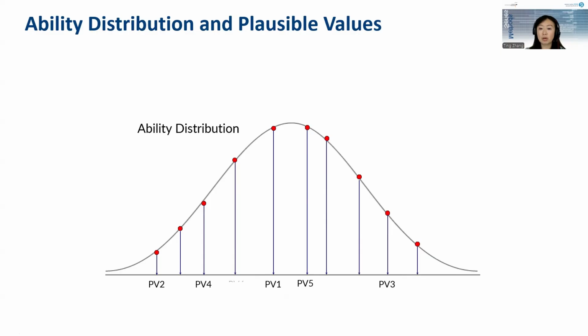Those scores are called plausible values. Why do we have to use the plausible values? Because all the plausible values together capture the variance and the measurement error, or uncertainties, associated with the estimation we have for the student scale.